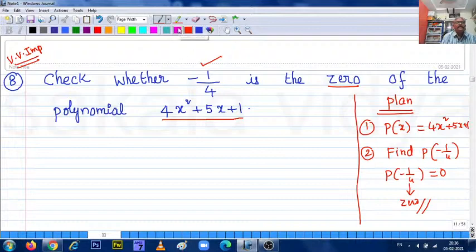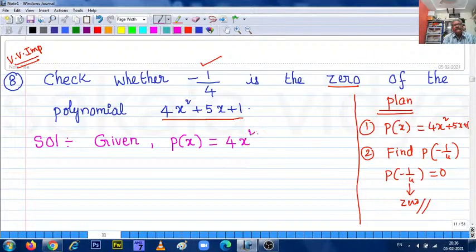See, this needs to be done like this. Solution. So given p of x equals 4x square plus 5x plus 1. Now find p of minus 1 by 4.